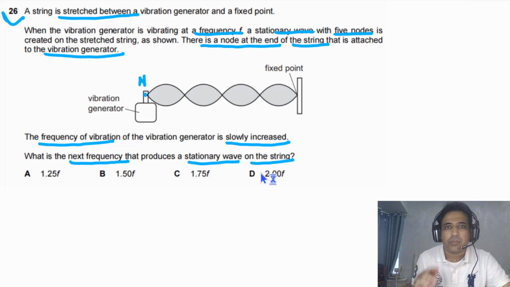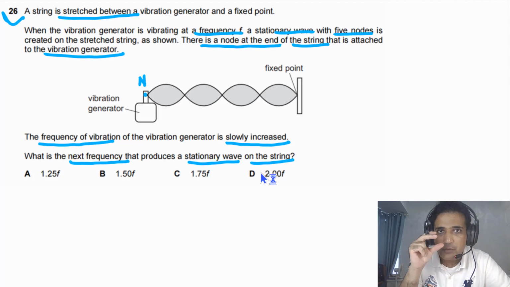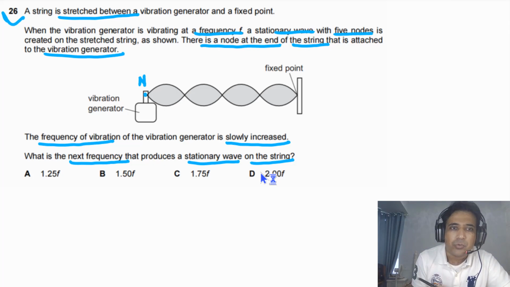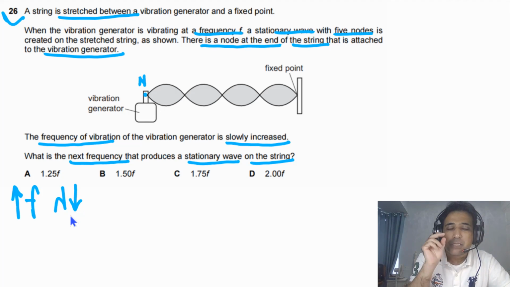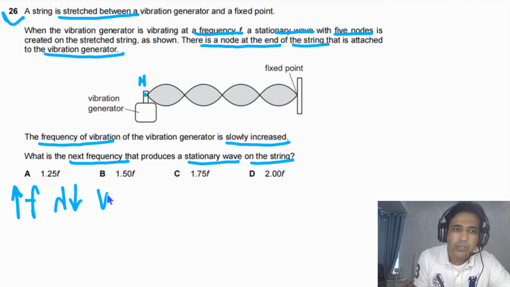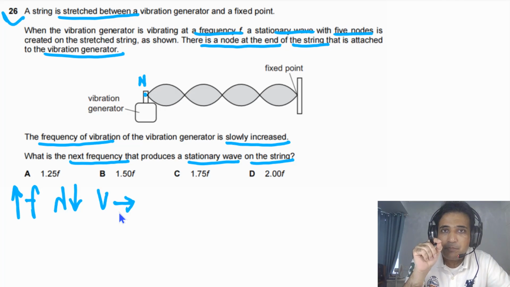So this is a typical type of question about stationary waves. So let's try to understand how we can approach. First thing we need to understand, when we increase frequency, lambda of the wave will decrease, but speed of wave will not change. Very important point. Speed of the wave will not change, because speed of the wave depends on the medium and it also depends on type of wave.